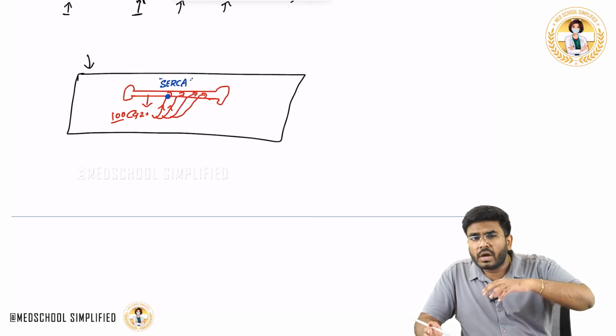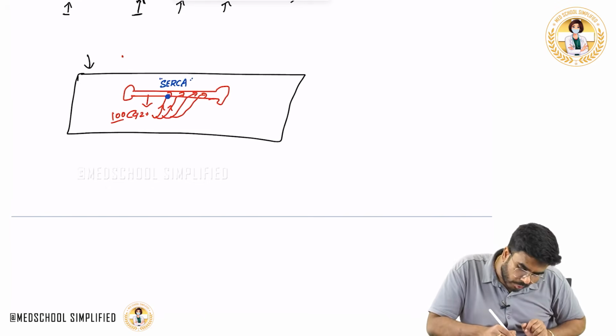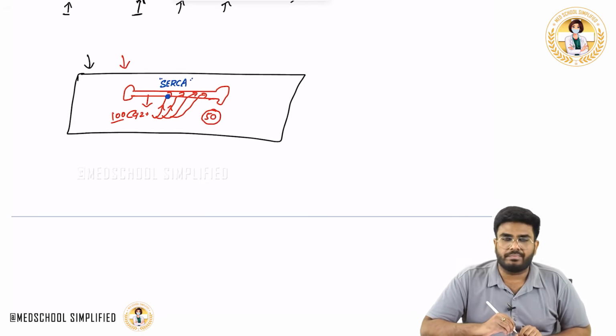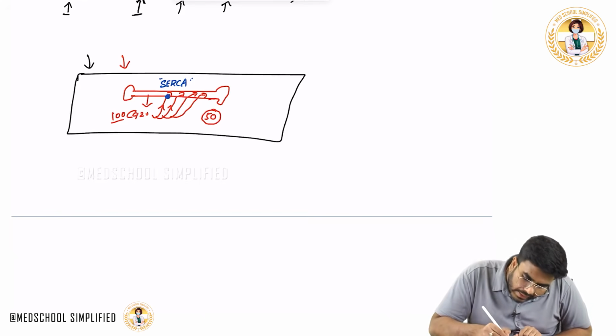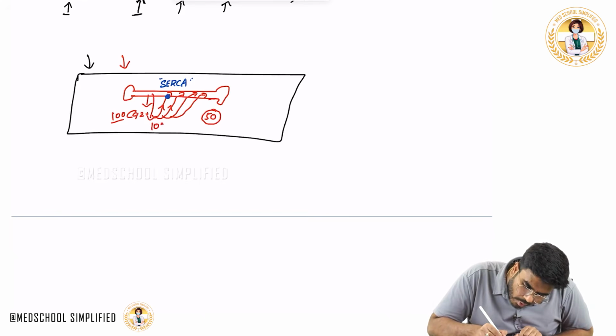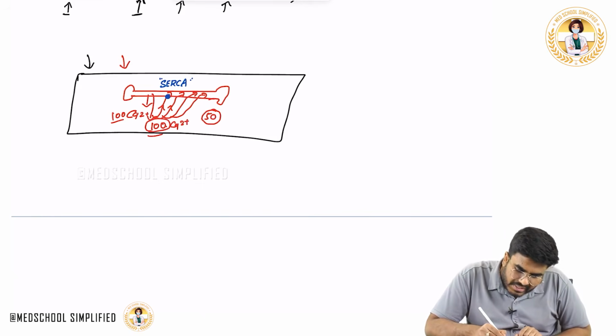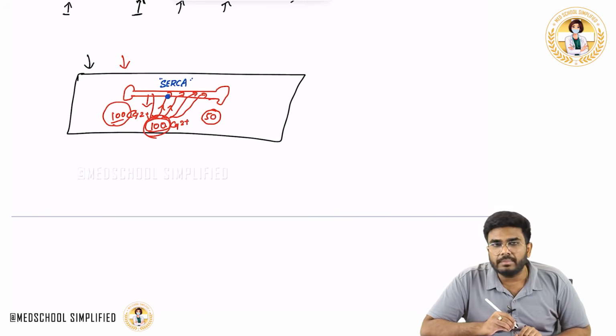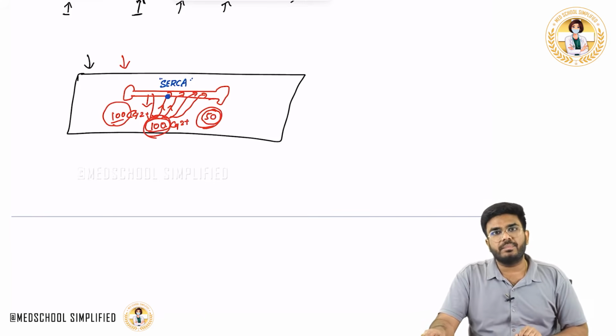But immediately you have stimulated one more time. So 50 calcium are still present in the cytoplasm. Again one more 100 molecules of calcium will be released. So for the first time only 100 calcium are released, but for the second time there are 150 molecules of calcium.